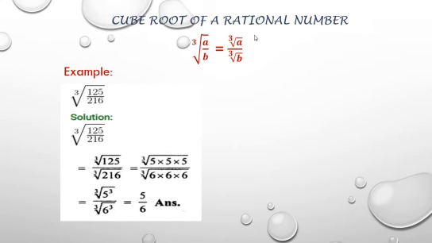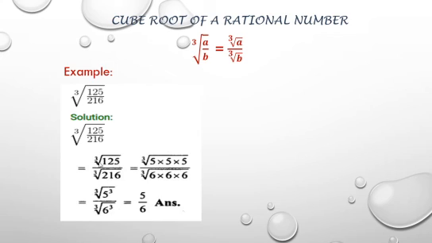Then cube root of a rational number. How to find out cube root of a rational number? Here also the method is same. Instead of finding out the cube root of a by b directly, we will find out the cube root of numerator and cube root of denominator separately. Let's see, here we want to find out the cube root of 125 by 216.